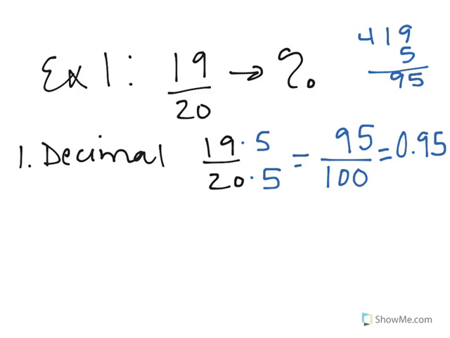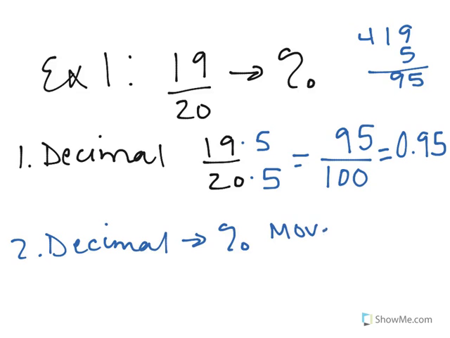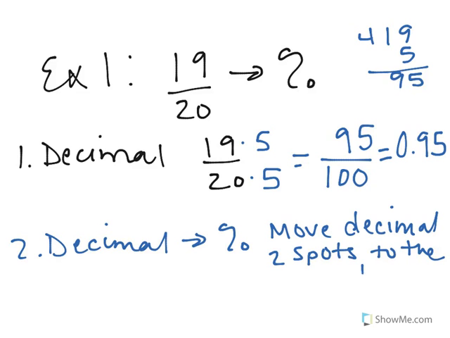Now, when I turn my decimal into a percent, all I have to do is move my decimal 2 spots to the right. So what I have to say is 95 hundredths, I'm going to move it 1 spot, 2 spots to the right.